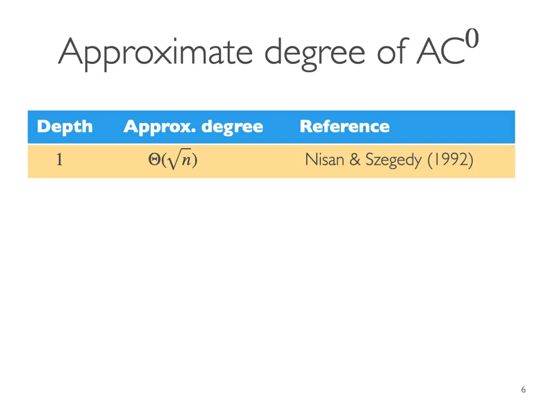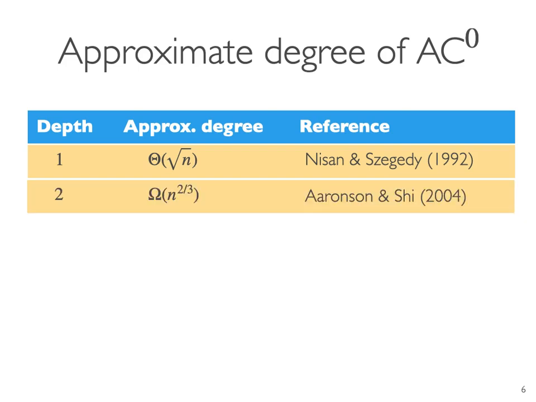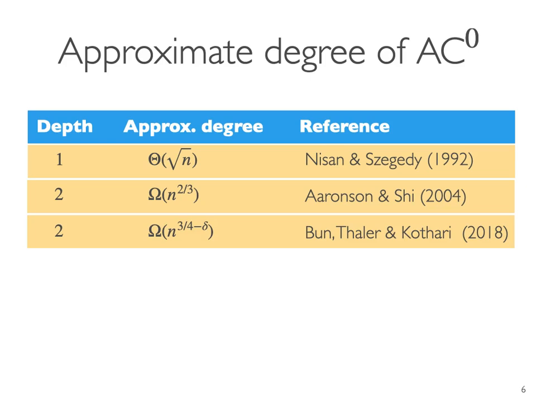This was the best lower bound for a while, until the breakthrough work of Aaronson and Shi, who gave a lower bound of n to the 2/3 in their paper on the element distinctness function. Belovs, Špalek, and Kothari considered a generalization of this function called k-element distinctness, for which they proved a lower bound of roughly n to the 3/4.